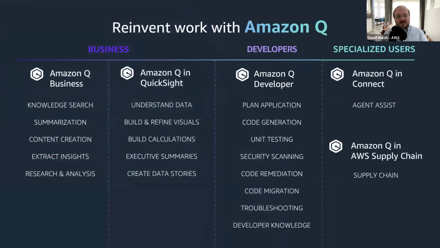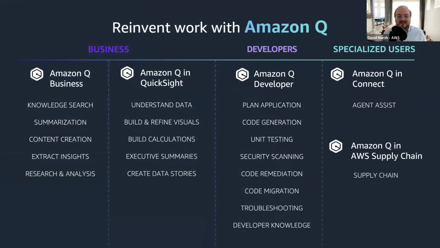So we have the Q Business aspect. This is great for relying on your organizational data to do things like not only find the information, right, but also summarize it, create new content from that data, as well as extract additional insights from it. I mentioned some of these other integrations as well.